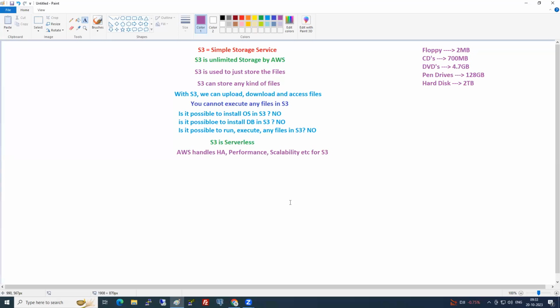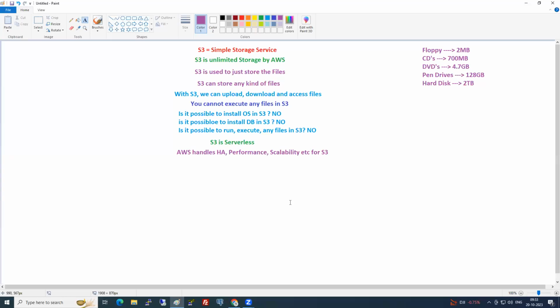There is one more service to send notifications. Frame the full form: simple notification service. What is the shortcut? SNS. There is one service which you use to send emails: simple email service, SES. So you should not get confused now. Everything in AWS will start with simple and end with service.